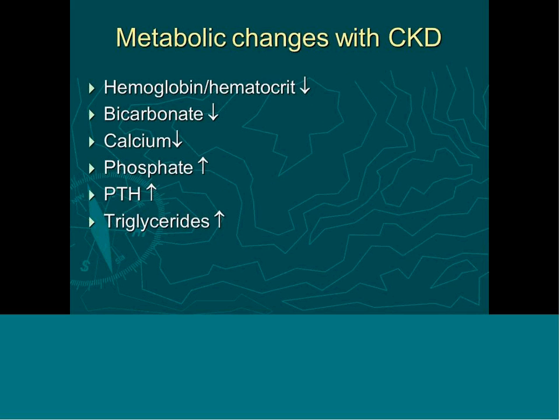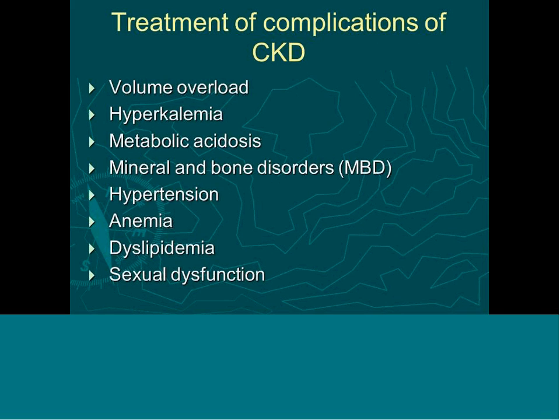What changes with CKD? You get a decreased hematocrit, bicarbonate is decreased, phosphorus is increased, PTH is increased, and triglycerides are increased. So these are the metabolic changes or abnormalities associated with chronic kidney disease.